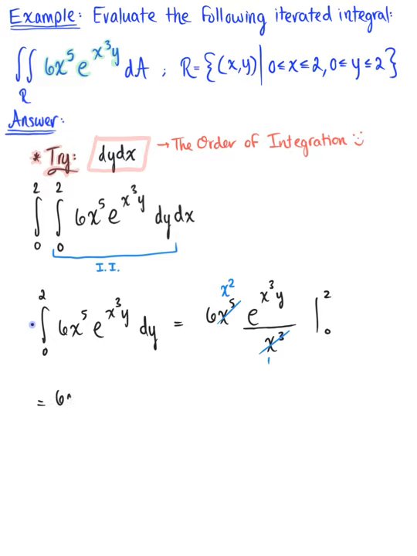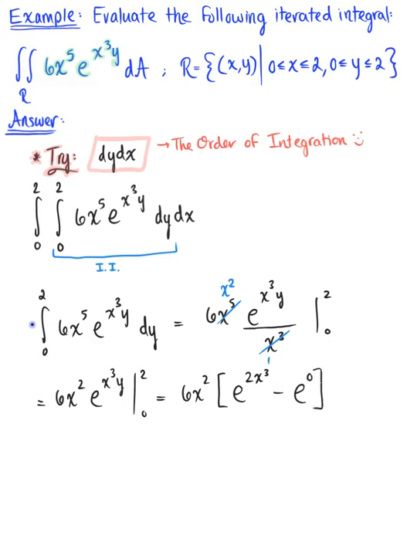We now have 6x squared multiplied by that natural exponential raised to the x cubed y, evaluating from 0 to 2. I'm going to keep my 6x squared, that constant, on the outside, and when evaluating at 2, this will be the natural exponential raised to the 2x cubed minus the natural exponential raised to the 0.